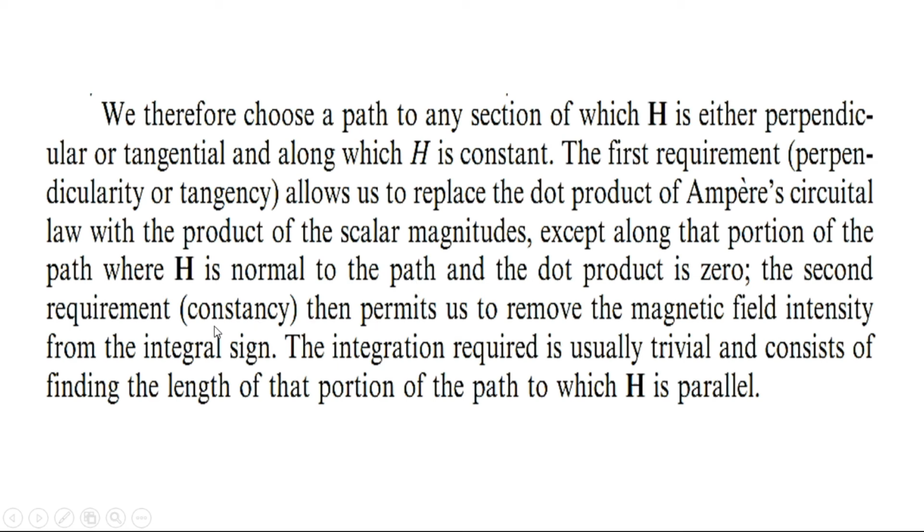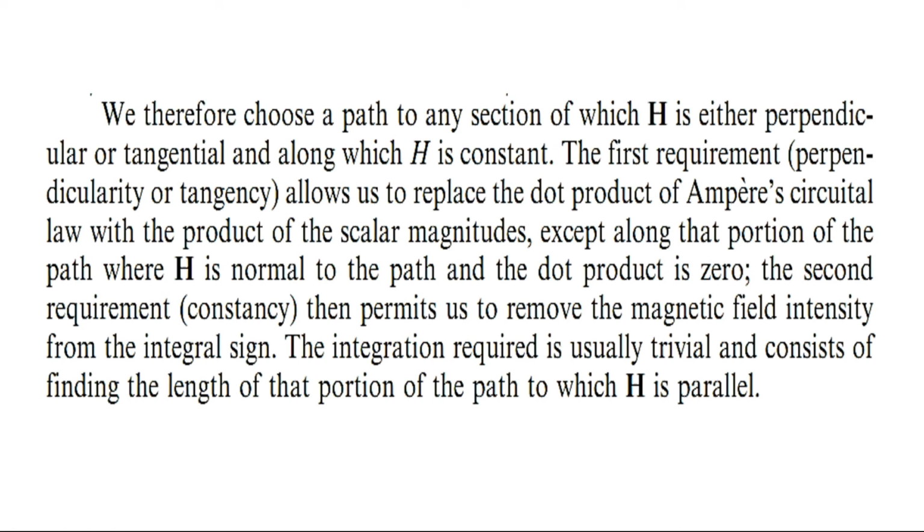The second requirement, consistency, then permits us to remove the magnetic field intensity from the integral sign. The integration required is usually trivial and consists of finding the length of that portion of the path to which H is parallel.